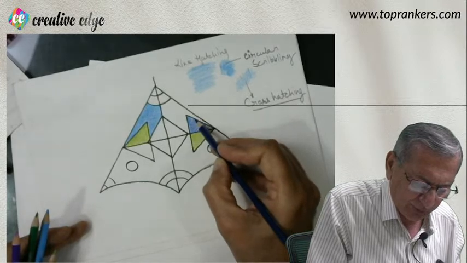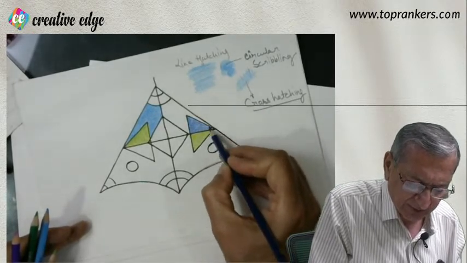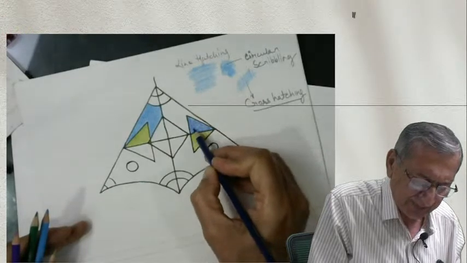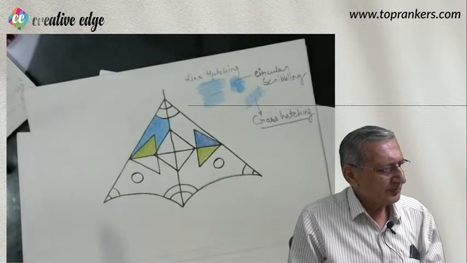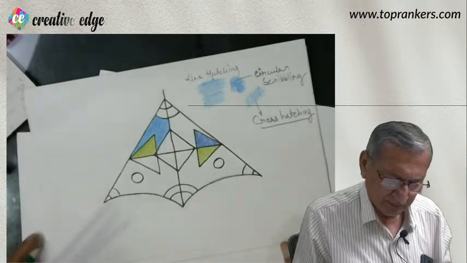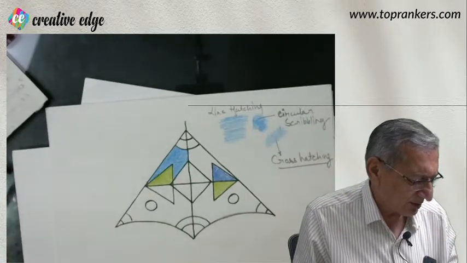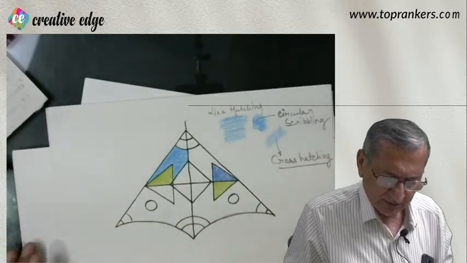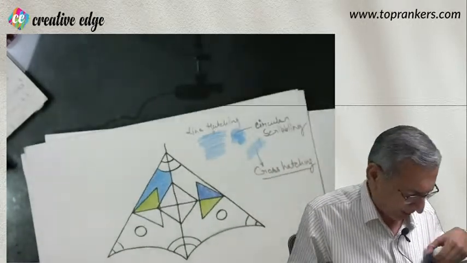So the whole white portion goes away and a beautiful color is maintained. Okay friends, this is all about two-dimension design, which happens to be one of the important questions.